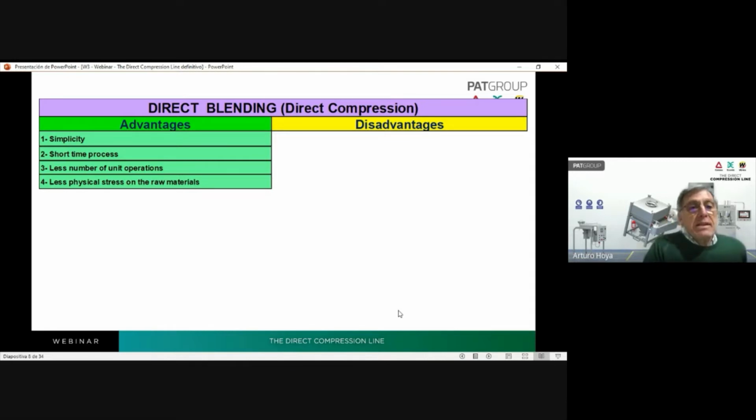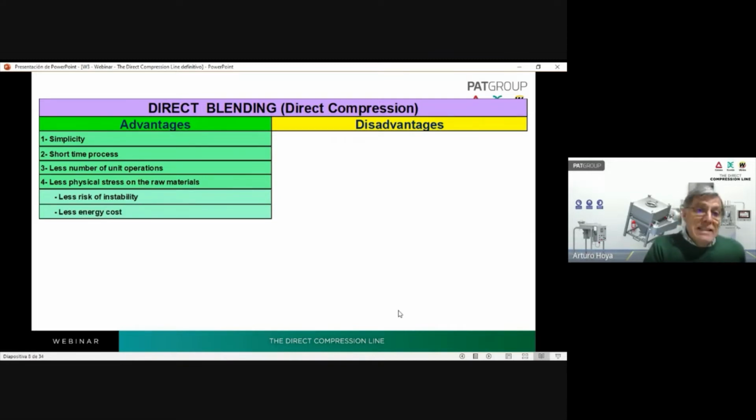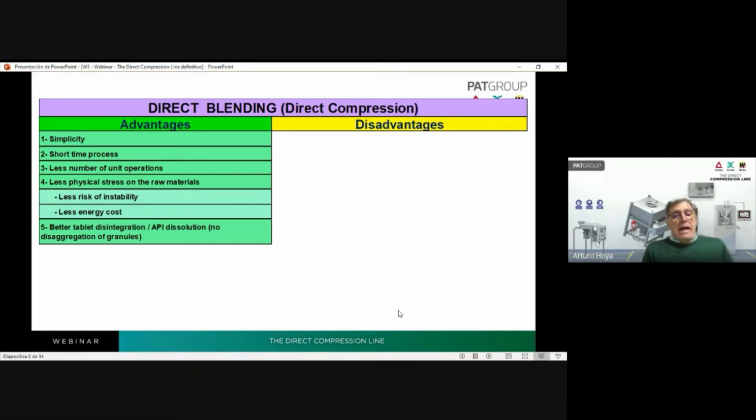So this is the advantage in the direct blending: less physical stress on the raw materials, less risk of instability, of course, less energy costs. Also, you have better tablet disintegration, because you have to break the tablet, but not break the granules, because you have no granules, you have simple particles.